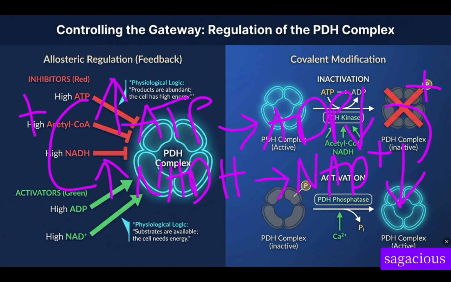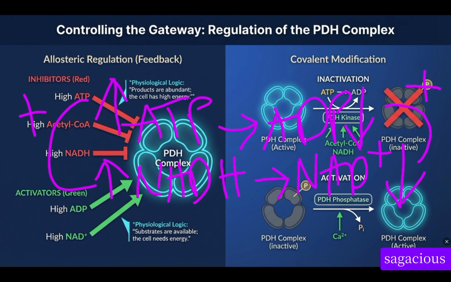The matrix of the mitochondria is the space inside the membrane of the mitochondria. Don't forget that. So NAD positive takes electrons and hydrogen as NADH, and goes to the electron transport chain to deposit them and return to its original form. You will understand this better in future lectures when we discuss the electron transport chain.